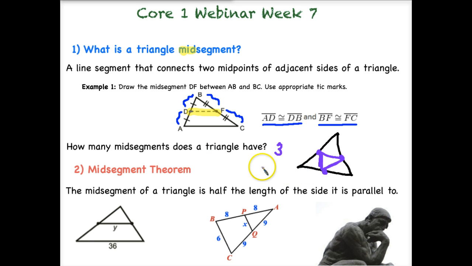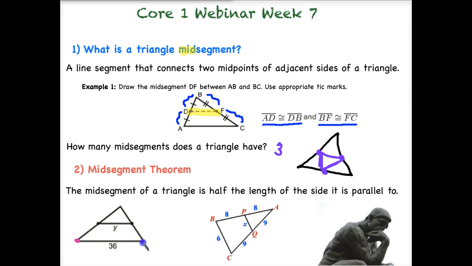All right, that brings us to our second property based on the mid-segment theorem, which is what you're going to do some calculations on. The mid-segment of a triangle is half the length of the side it is parallel to. We can calculate that in a coordinate plane because we've also used the distance formula.